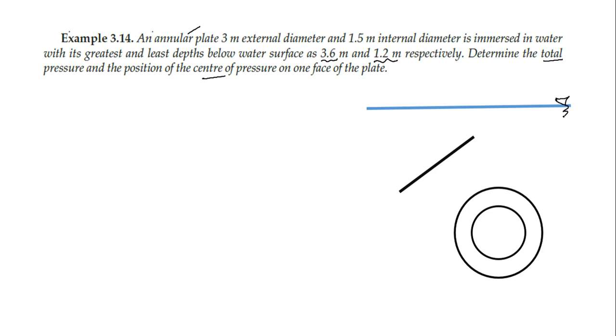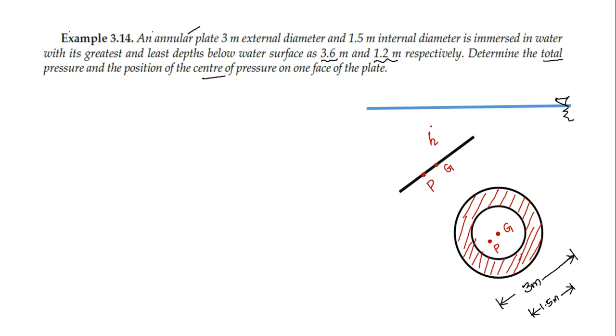This horizontal line represents the free water surface. Since it is an annular plate, we have two diameters. The outer diameter is 3 meters. The inner diameter is 1.5 meters. Here the central portion of the plate is hollow. Now we will mark the centroid of the plate and the position of center of pressure.